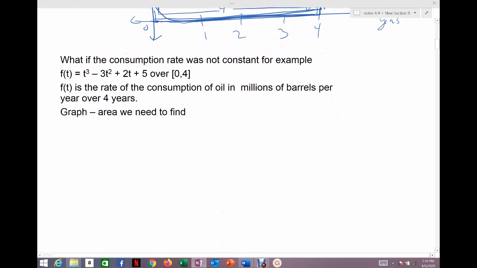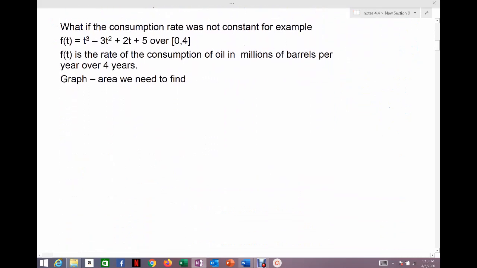Well, in most cases rates of change aren't constant. For example, suppose a different region over that 4-year period has a rate of consumption that varies over those years, meaning they don't consume the same amount of oil every year. Suppose that rate of consumption is modeled by this function, which is not a constant function.